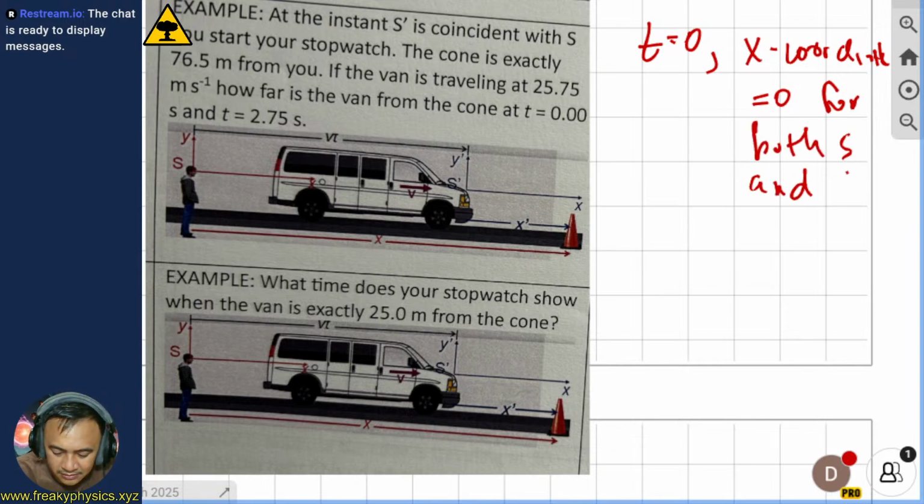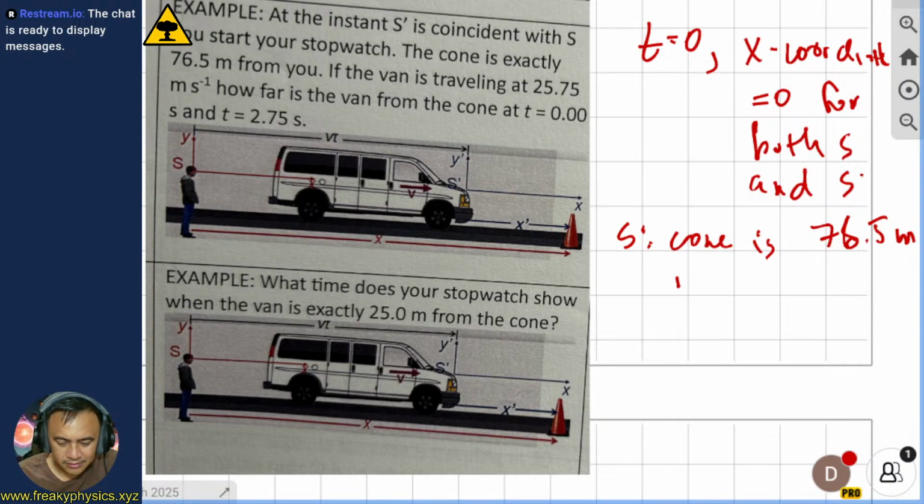Now, it's already given that according to S, the cone is 76.5 meters away.